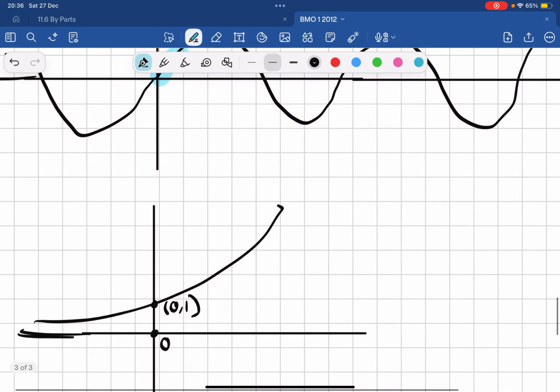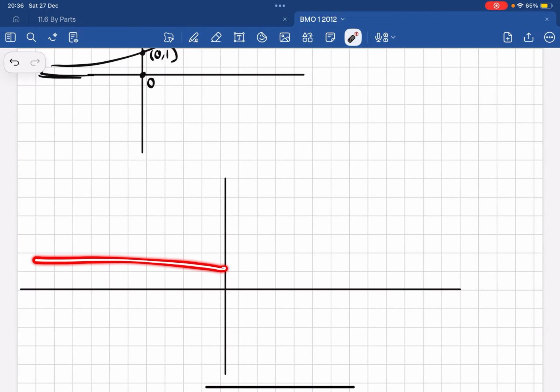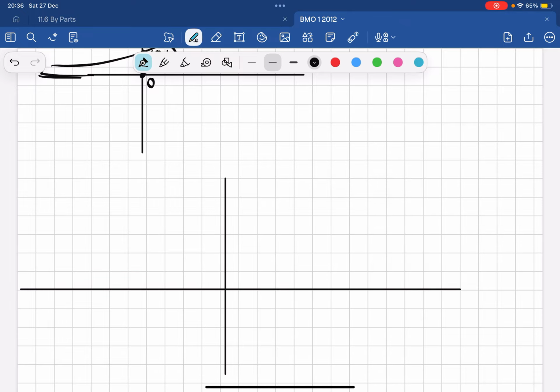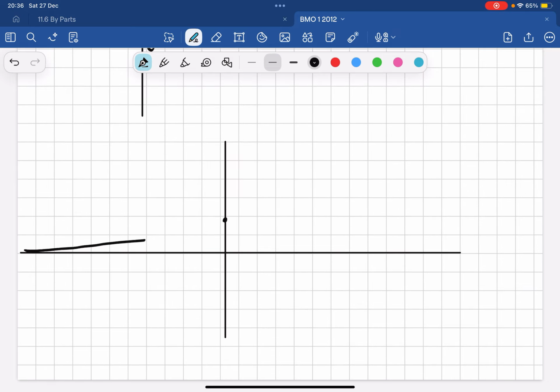So if we go and try to sketch this from 0 going towards the negative, we start at sine 1 here, and essentially we just tend towards 0. This value here is sine 1.